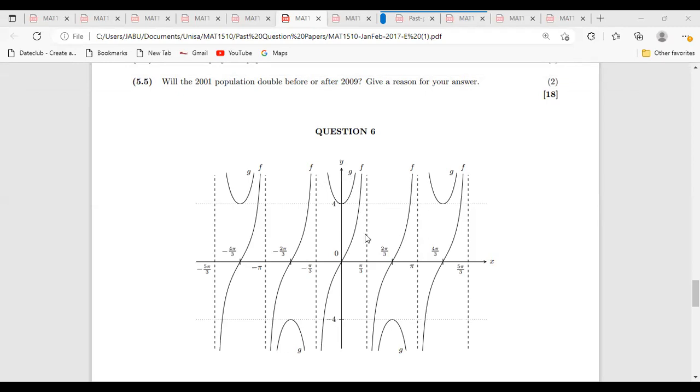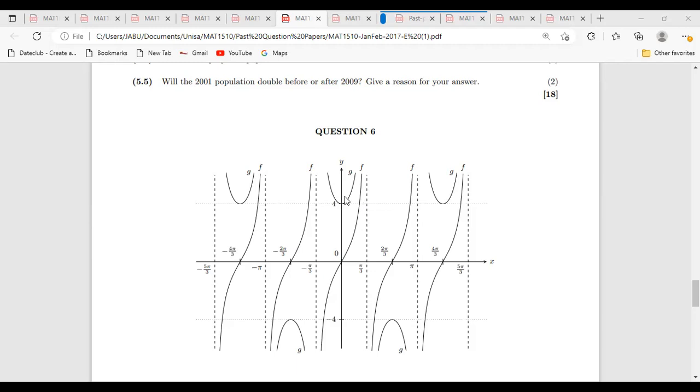By how many units? Let's see. Negative pi over 3. Can you see that? Negative pi over 3 units to the left, because we now have this part as the asymptote.